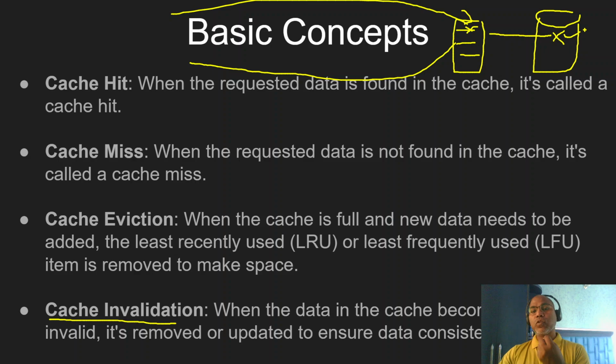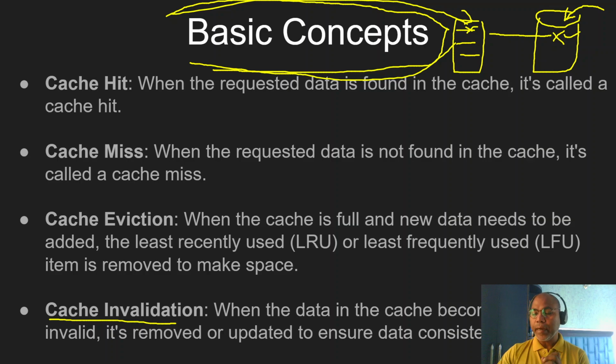If the original source changes, and our application is still responding with the old value, that is not a good thing, because our application should respond with the correct value. So in those scenarios, once our source data is updated or modified, the old, outdated data we have in the cache, our responsibility is to use techniques to update our cache with the latest, updated value.